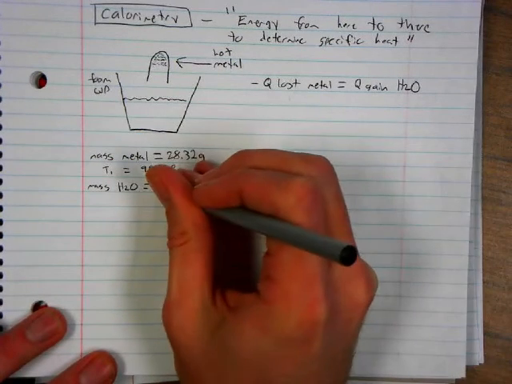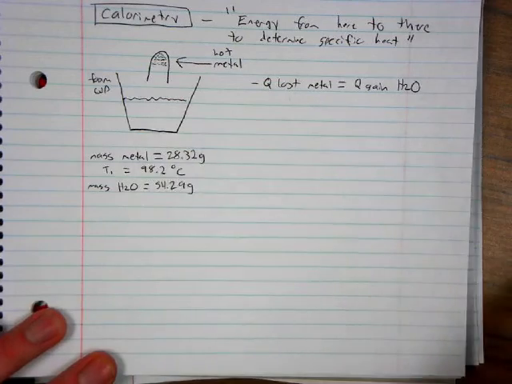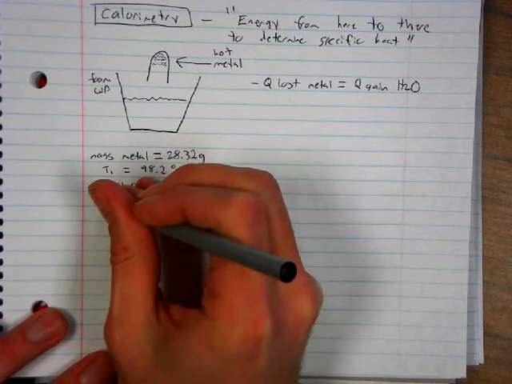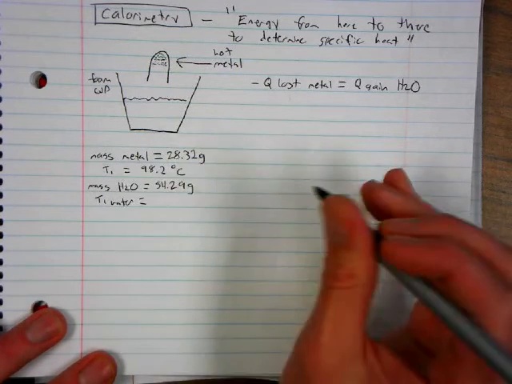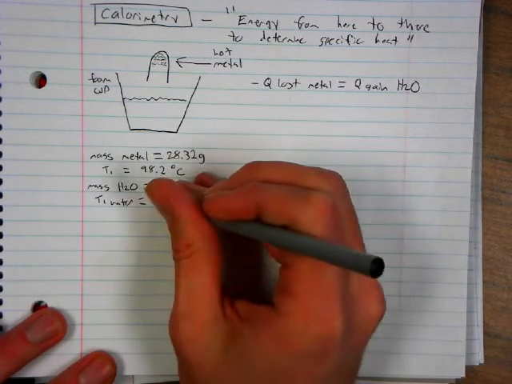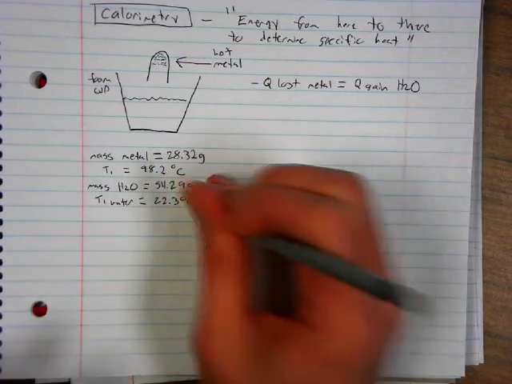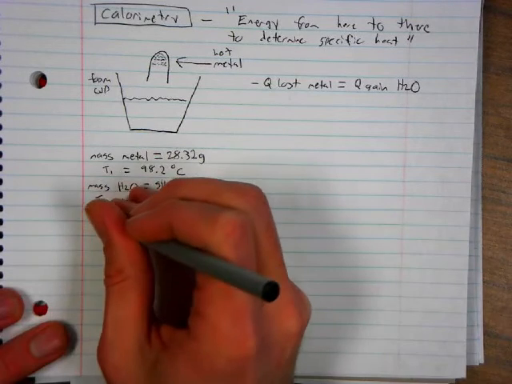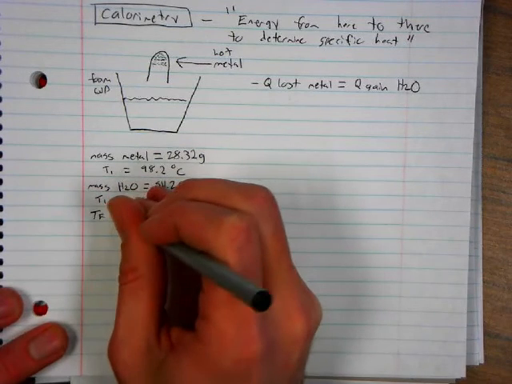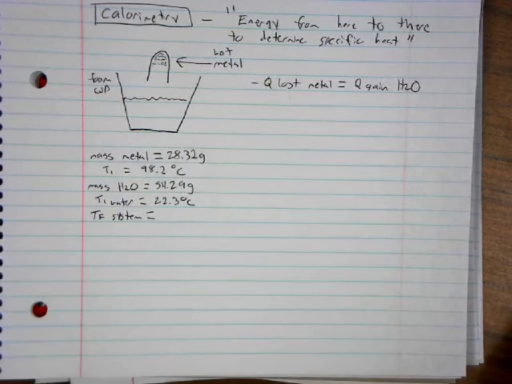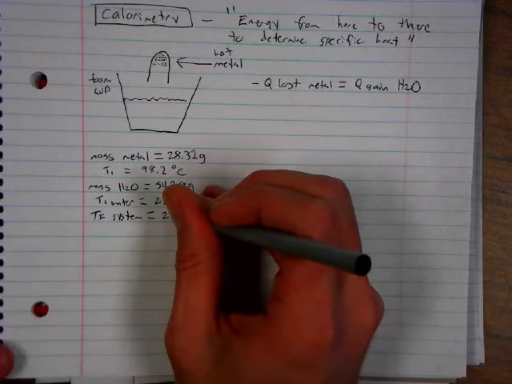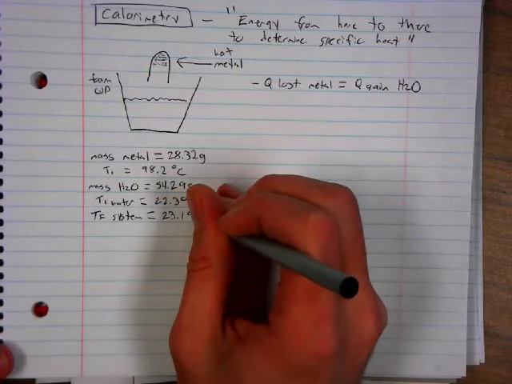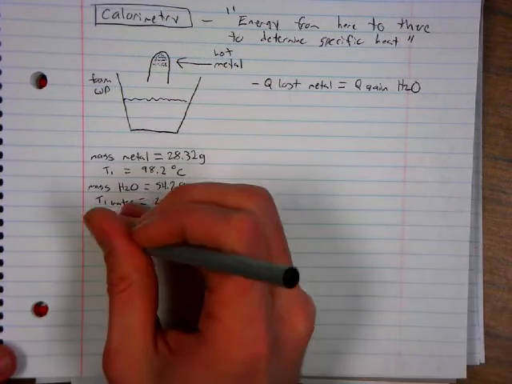We'll also need the mass of H2O. So we're going to say that that is 54.29 grams. We're going to need the initial temperature of the water. So the initial temperature of the water, let's say it was 22.3 degrees Celsius. I need TF of the system, so the final temperature of the system after I dump the metal in.